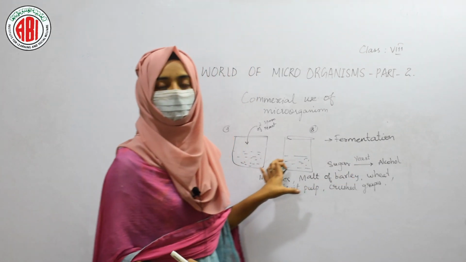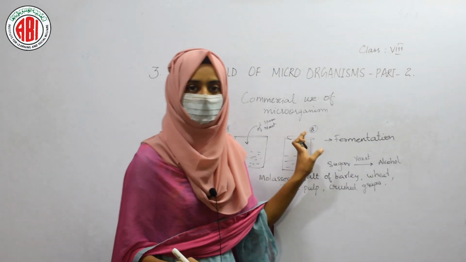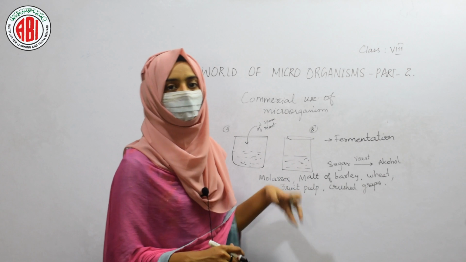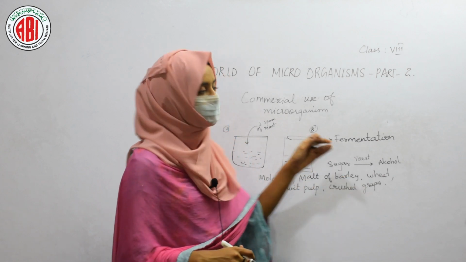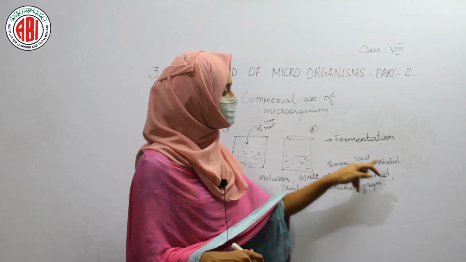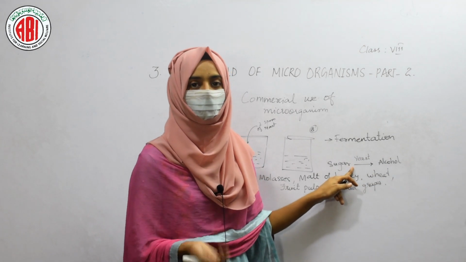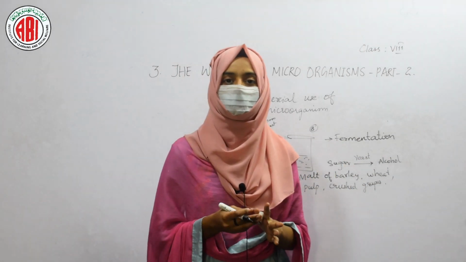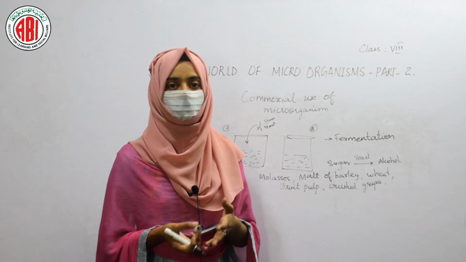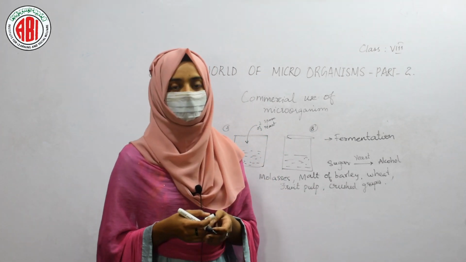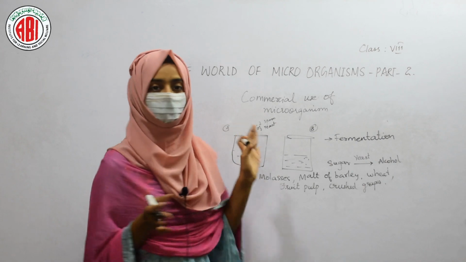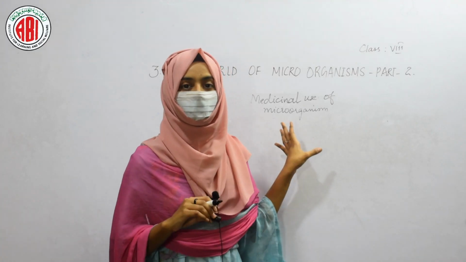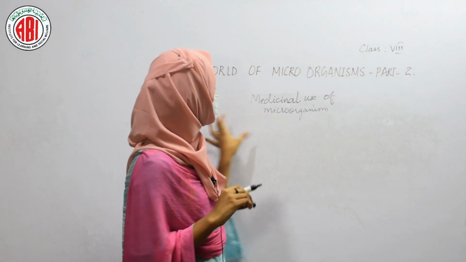These are the sources of sugar on which the yeast feeds and converts into alcohols. Whenever sugar is converted into alcohol in the presence of microorganisms, that process is called fermentation, and fermentation is a process by which many alcoholic beverages and other commercially useful materials can be produced.